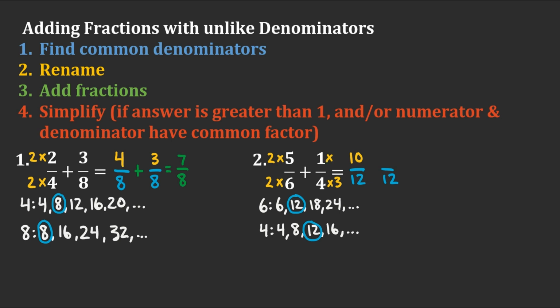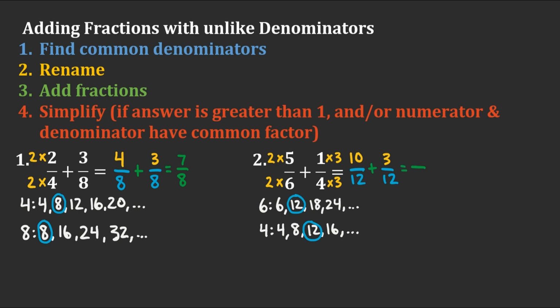That numerator is going to be multiplied by the same 3. And numerator of 1 times 3 gives us a new numerator of 3. Okay, 5/6 is equal to 10/12, and 1/4 is equal to 3/12. So we're still adding the same values, but we now have common denominators, which means we can add.